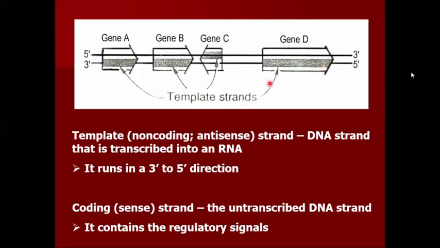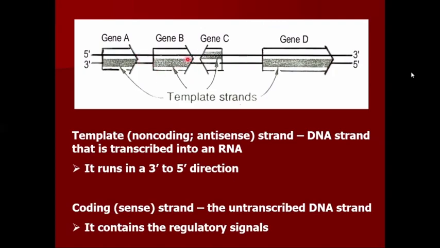Okay? So the template can be located in any one of the two strands. So genes A, B, and D, they are found in the lower strand. While in gene C, the template strand is the upper strand of the duplex.